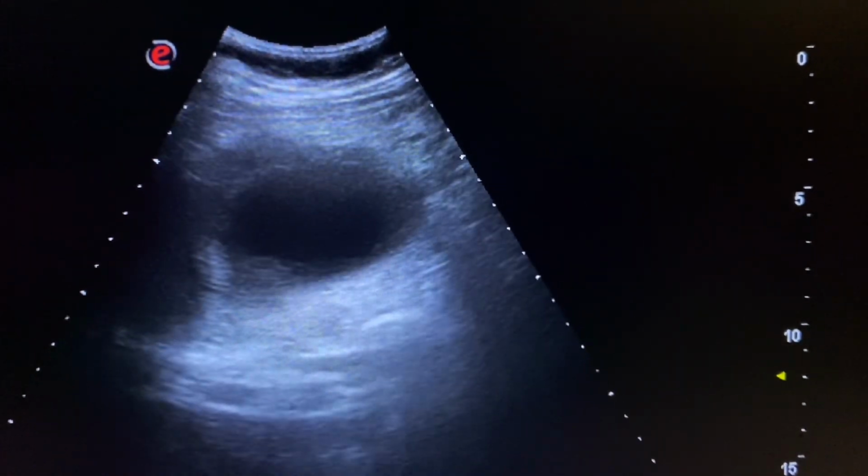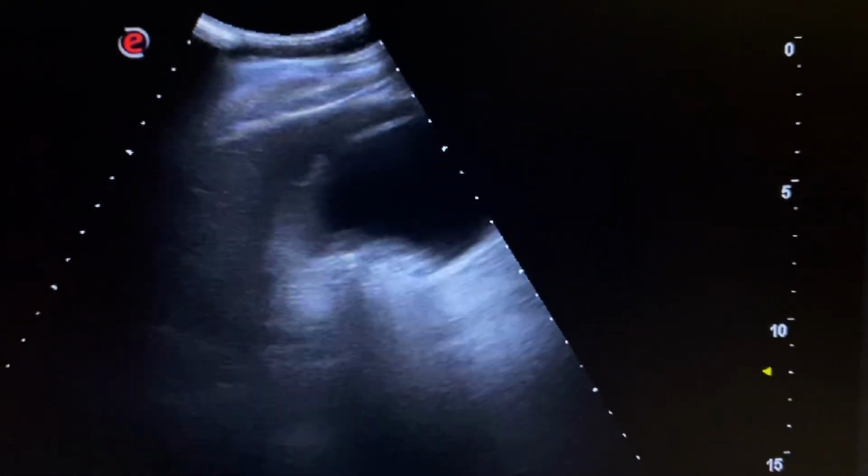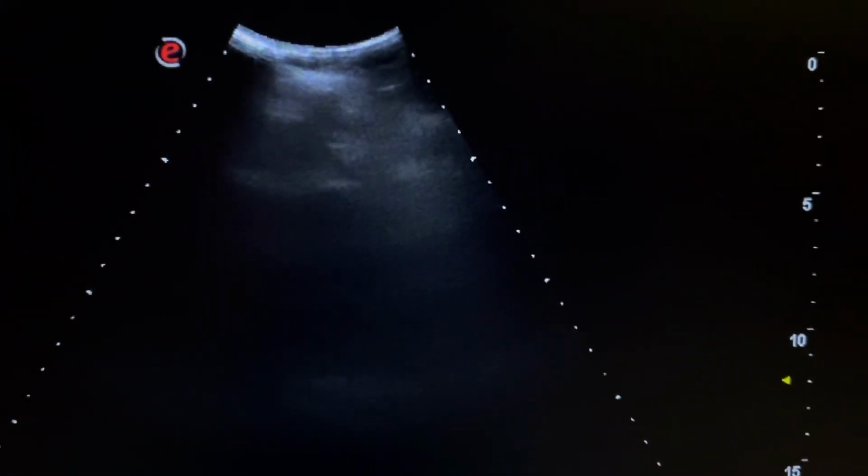The other walls of gallbladder are normal at fundal and posterior area.